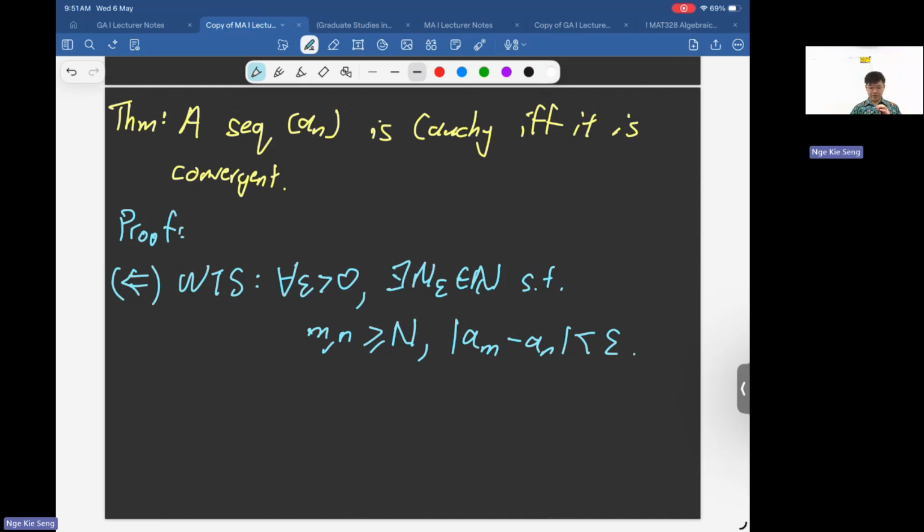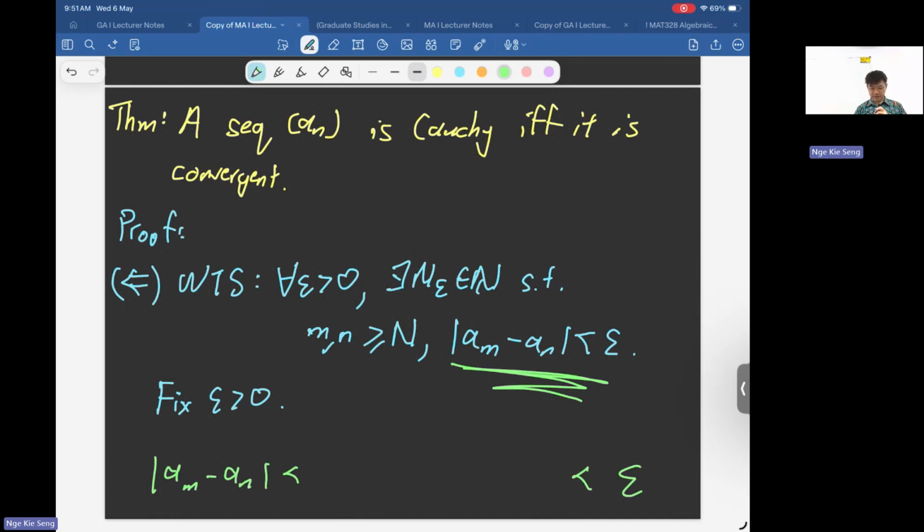So you want to show a statement for all, right? So you need to fix epsilon greater than 0. You want to find this N epsilon, but your goal is this inequality here. Maybe you can try and see how you're going to bound this term first, and then you can decide what your N epsilon is.